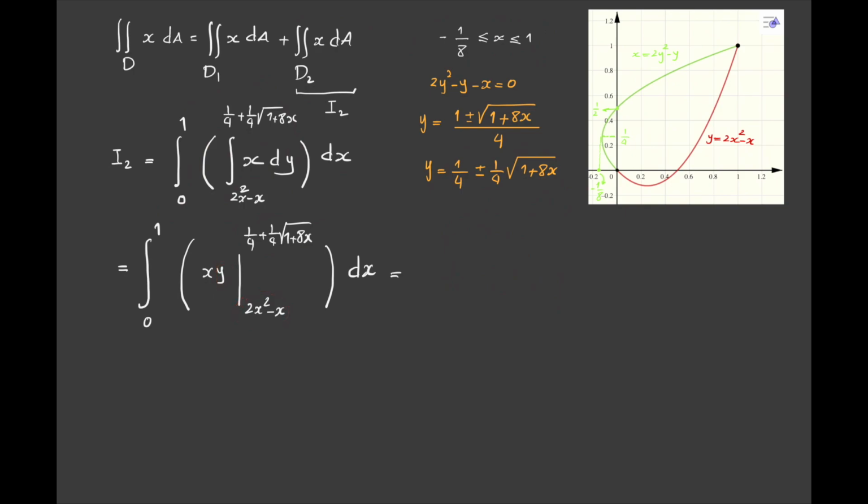So this becomes integral from 0 to 1, and then I have x times 1 over 4 plus 1 over 4 square root of 1 plus 8x, and then minus 2x squared plus x. I multiply the minus sign by both of them, dx. So this is the integral that I have to calculate.